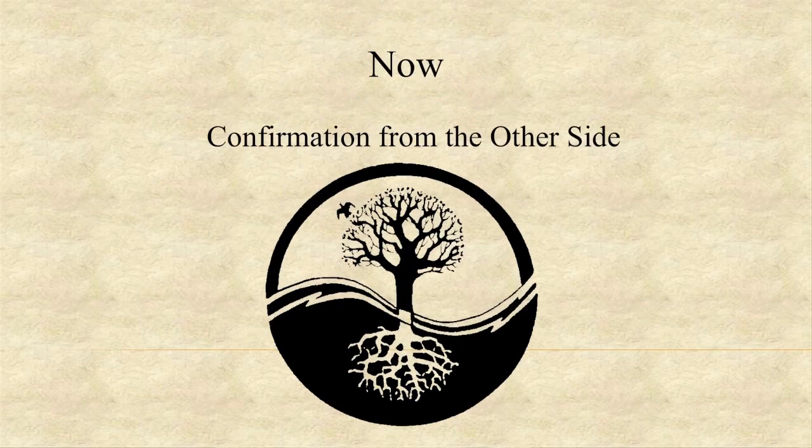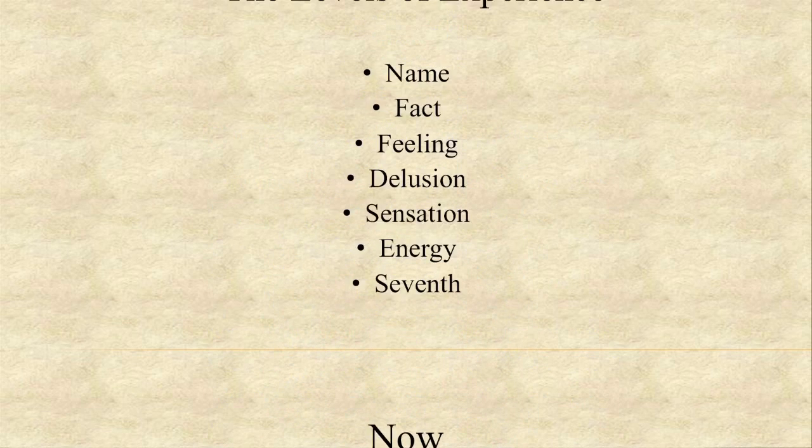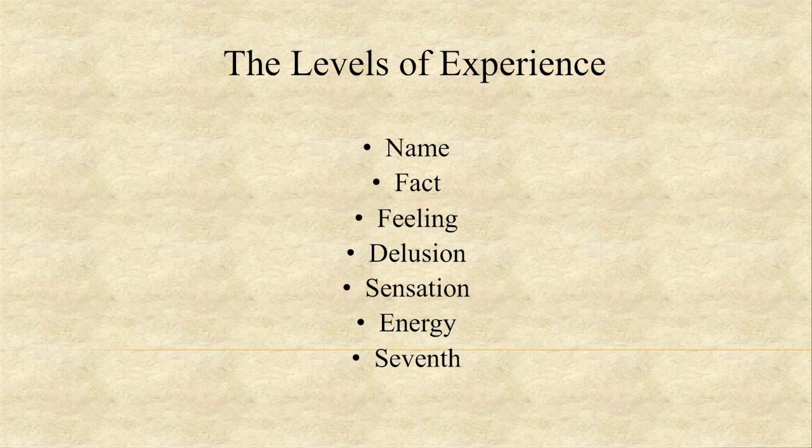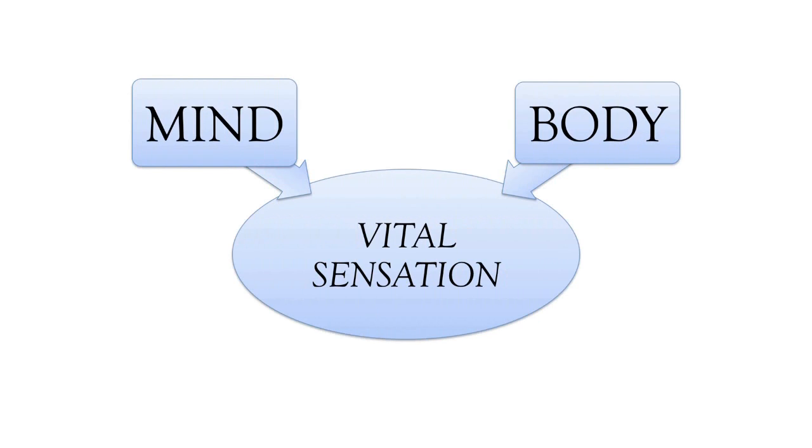But there is another way of looking at it, and that is from the other side. So from the other side, you have the levels. You can have the feelings or the imagination, but then you go down to the sensation and to the energy and to see what is available over here. And in this case, we can see that the mind and the body have the same sensation.